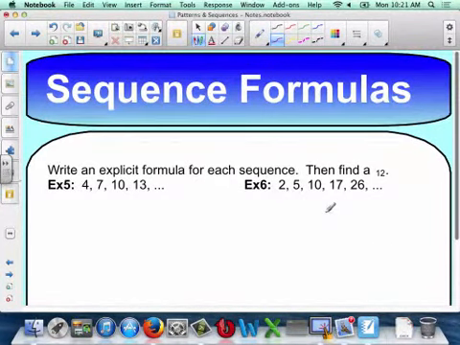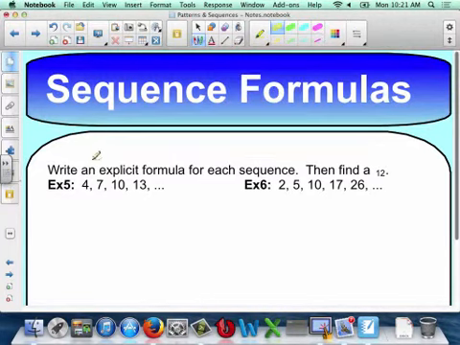Okay, let's take a look at number 5 and number 6. Alright, Cole, what's happening at number 5? Adding 3. Good. Now, Amber, what type of formula are we trying to find? Trying to find the explicit.